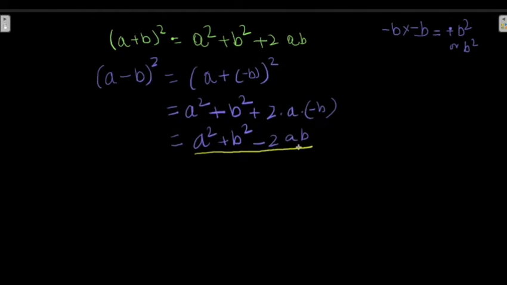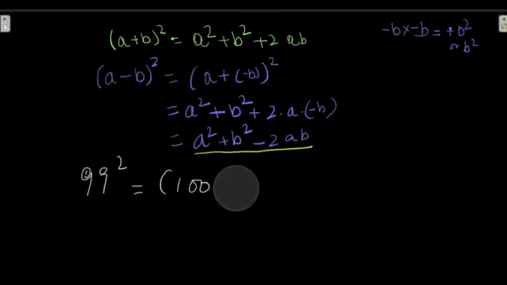Now again you can use it in solving many squares. Let's take the example of solving the square of 99. Now how can we write 99? As 100 minus 1 whole square. Now what's the formula?